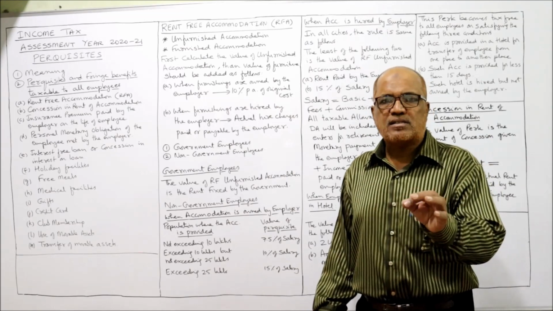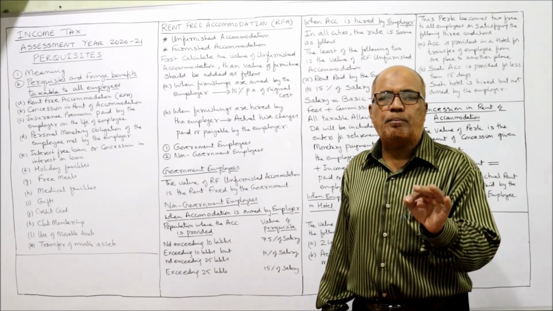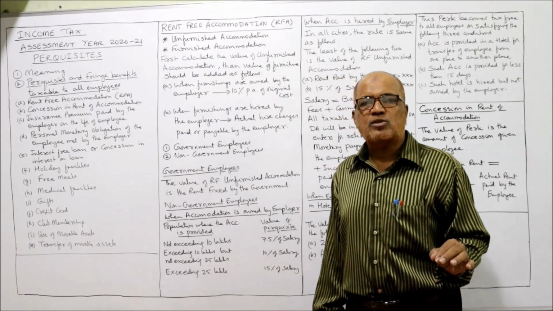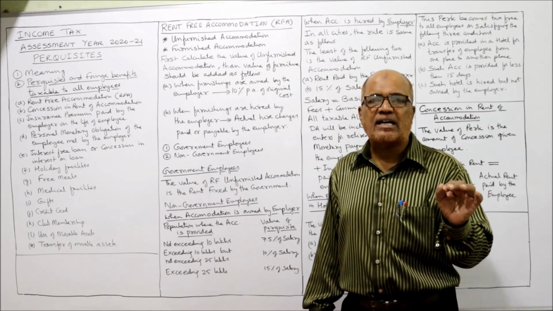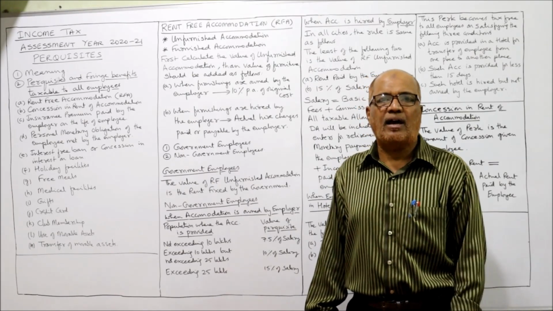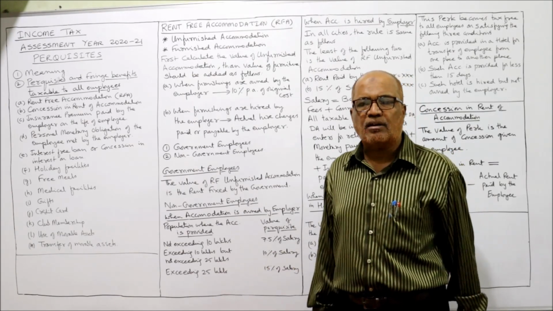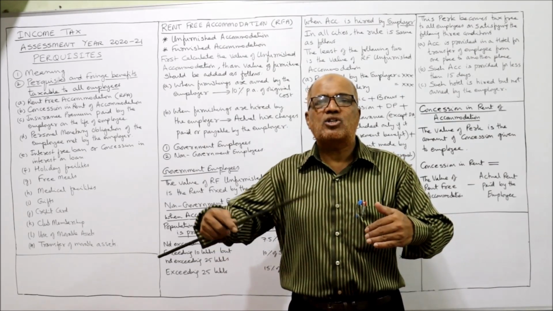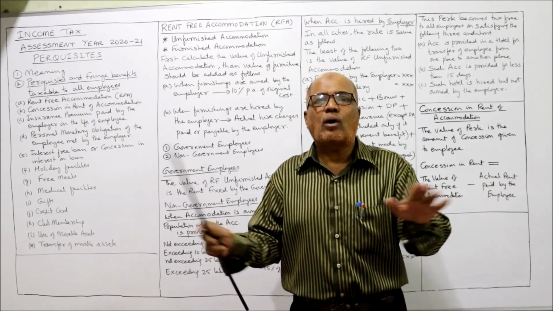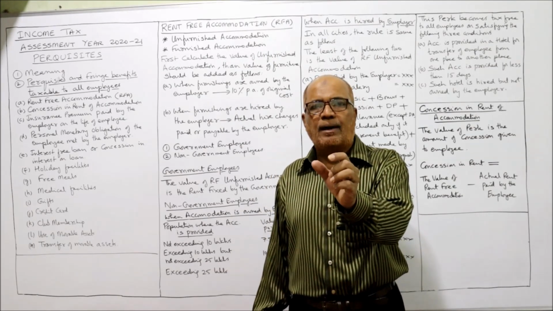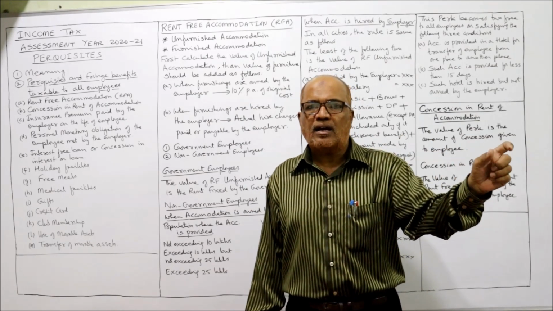Now, the first and the most important perquisite is rent-free accommodation. Now I am going to explain what the provisions of the Income Tax Act are regarding the valuation of rent-free accommodation. Sometimes the employer will give the accommodation to the employee without charging any rent. Example, Mr. X is an employee working in a company.